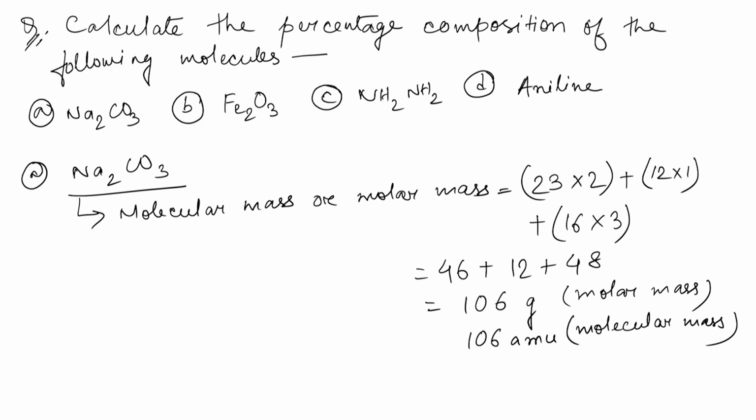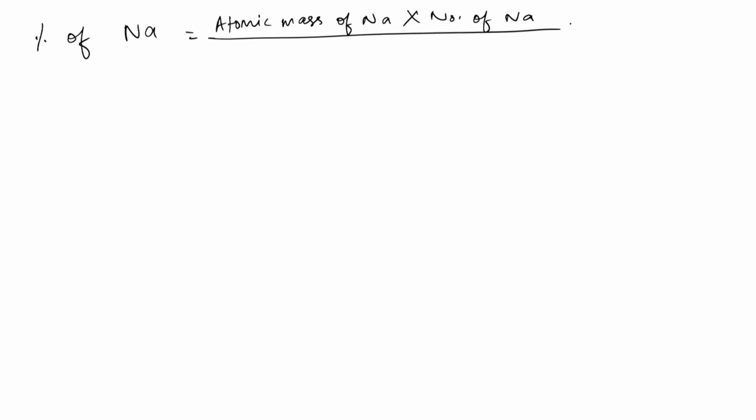Now we will find out the percentage composition. So what will be the percentage of sodium? This is atomic mass of sodium or molar mass of sodium into number of sodium, divided by molar mass of sodium carbonate into 100, right?